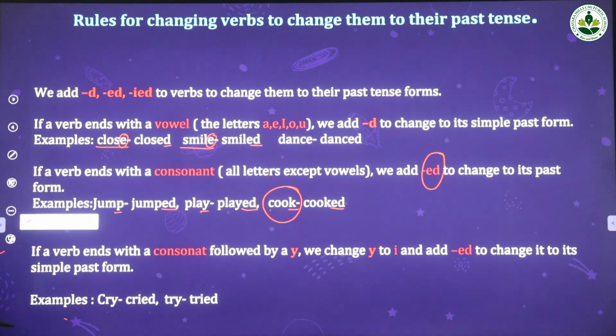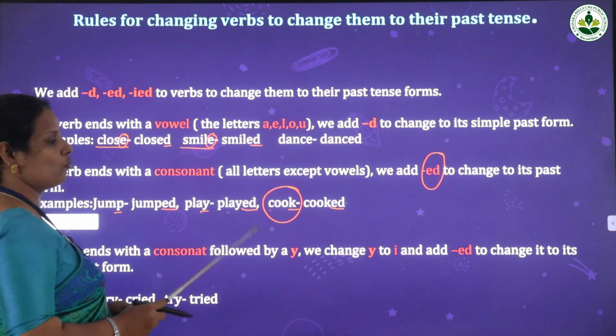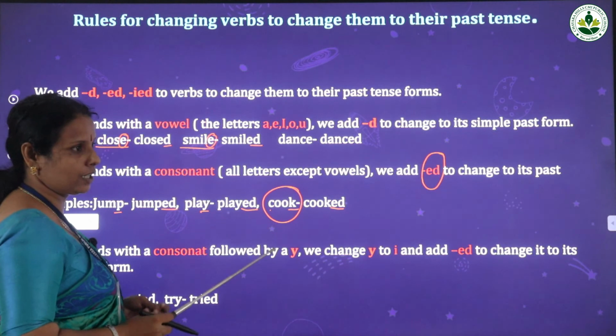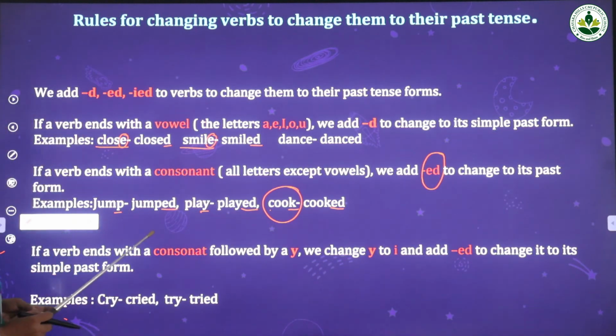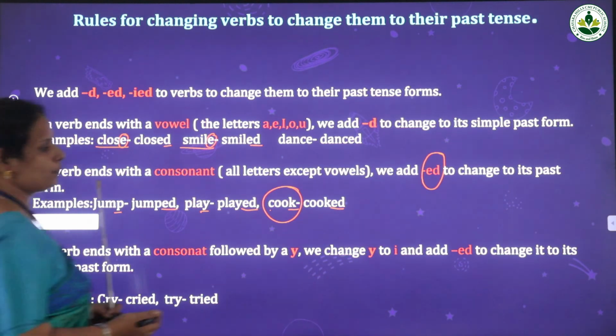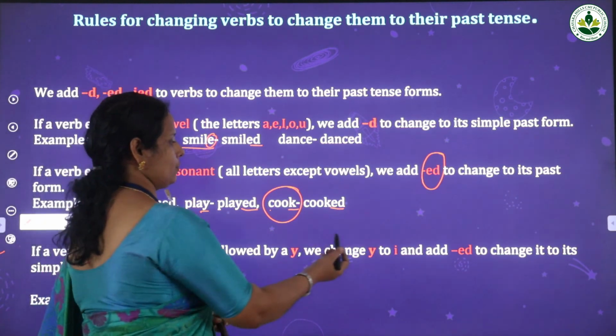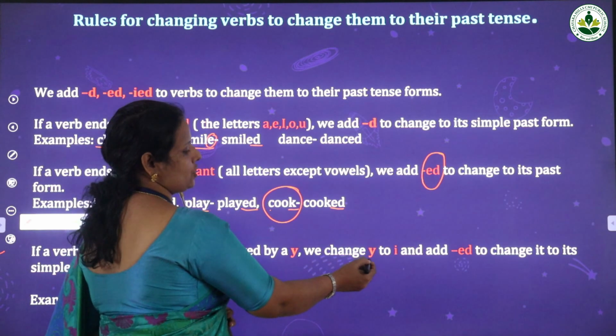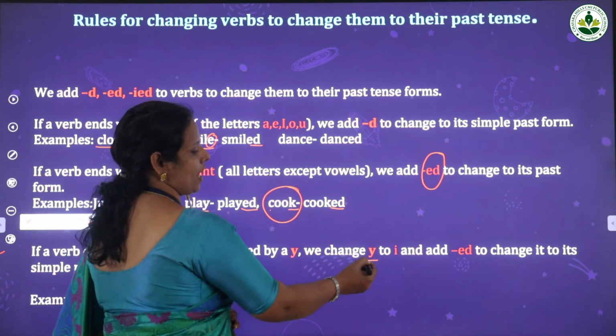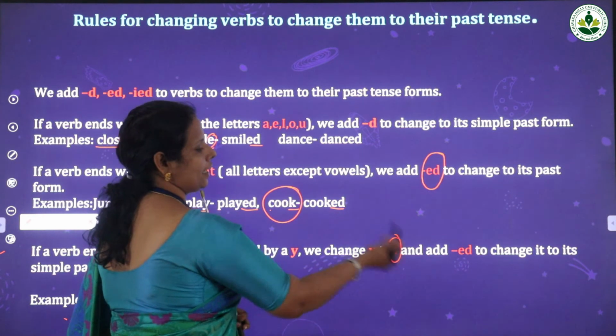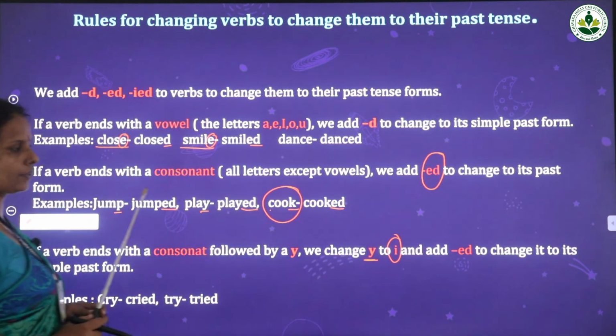Then the third case is, if a verb ends with a consonant followed by Y. If a verb ends with a consonant and followed by Y, the last letter is Y, to form the past tense, you have to change Y into I, then add ed.